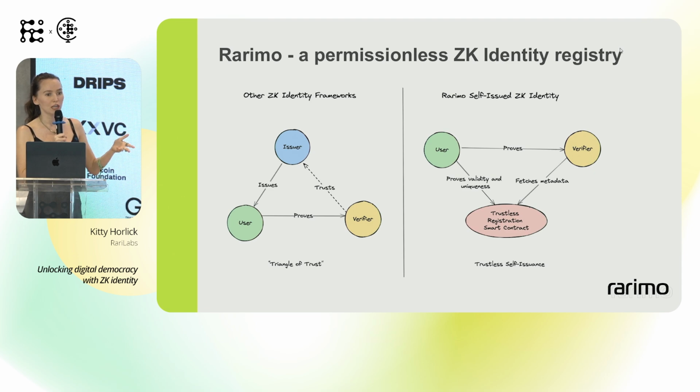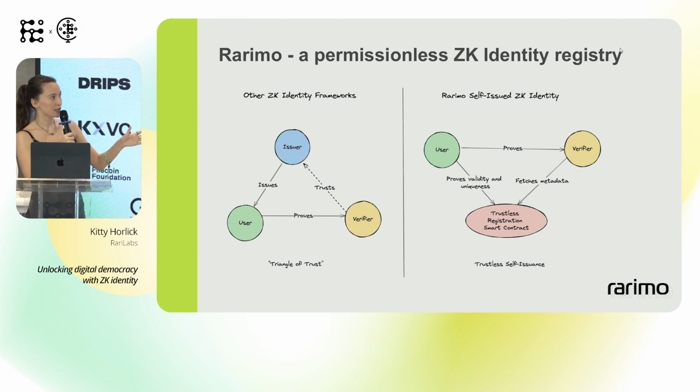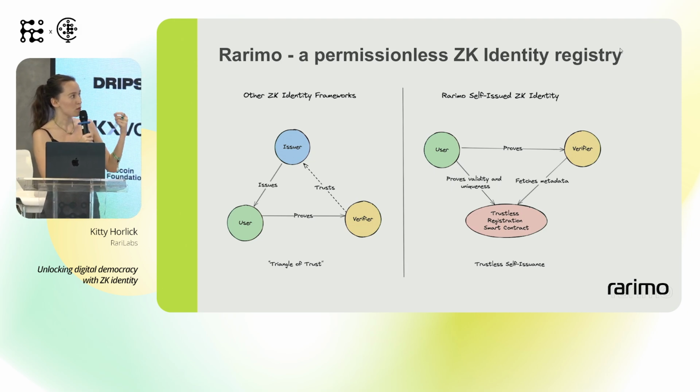You could be using it to cast votes, you could be using it to collect meme coins, whatever. We christened this privacy as network effect, because the more users in the system and the more apps, the more impossible it becomes to make logical deductions about how users are behaving. So: stronger privacy, self-issuance, and this model that I think much more closely represents what we're actually seeking with Web3 infrastructure.